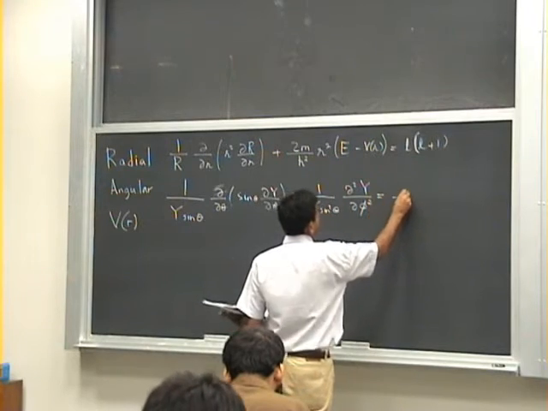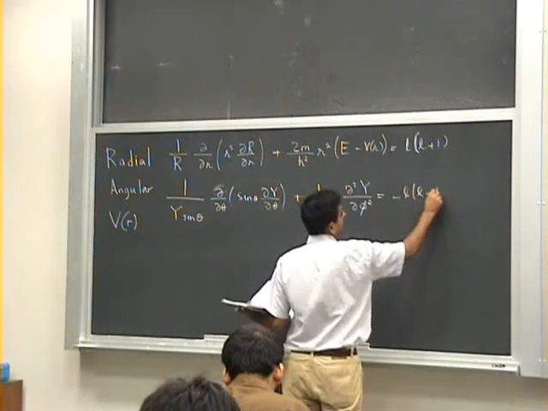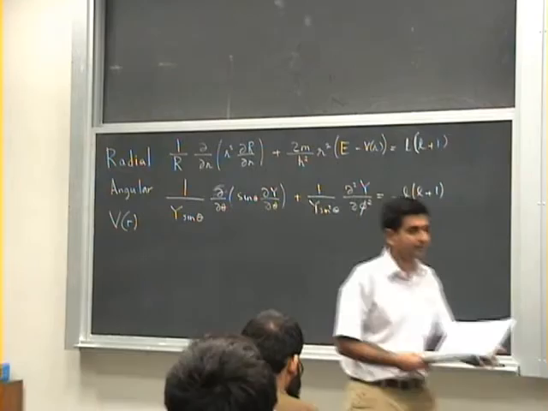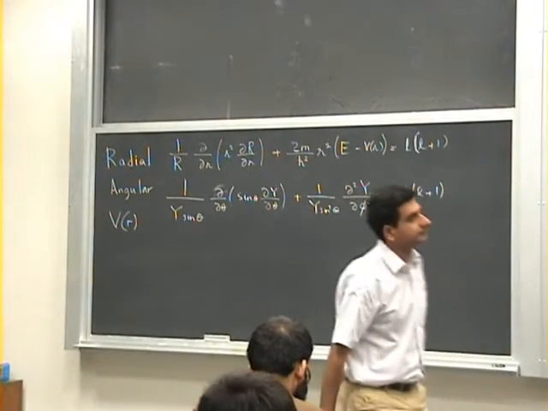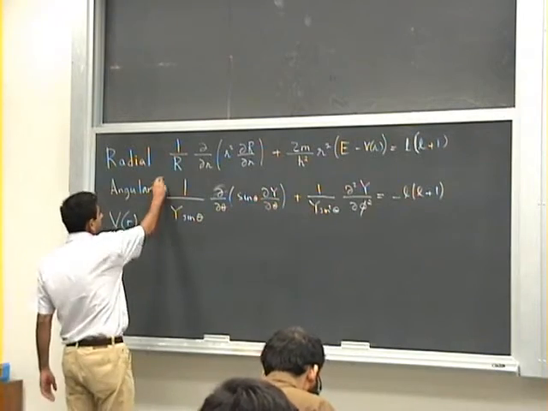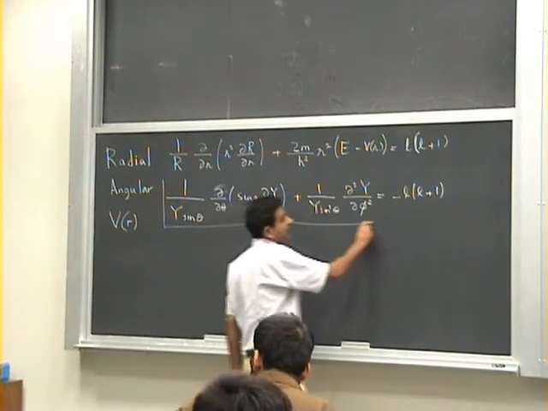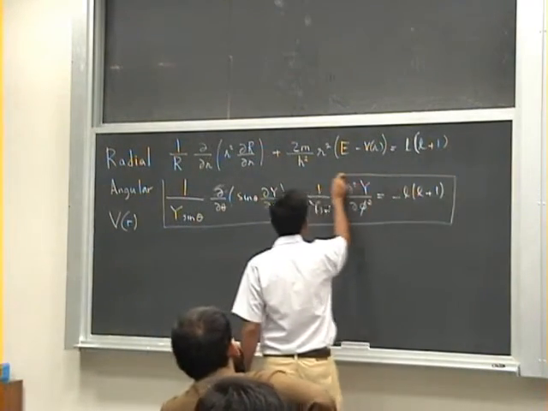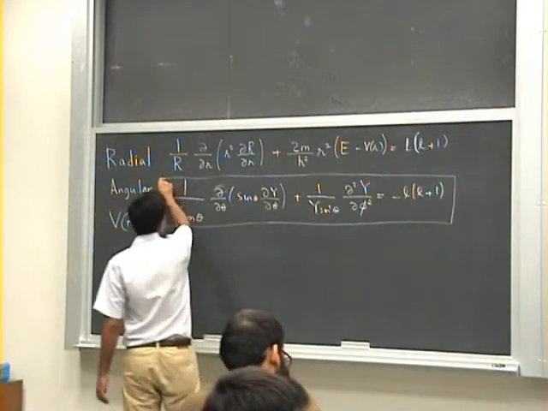This must equal minus L(L plus 1). Correct? Now this is the angular part of the wave function. Did you derive it? Yes, we derived it at the end of the last class.